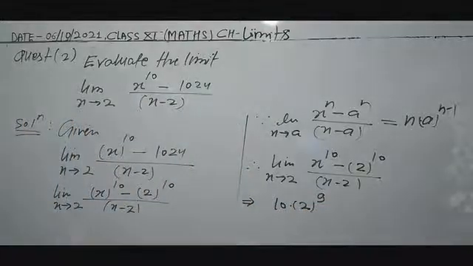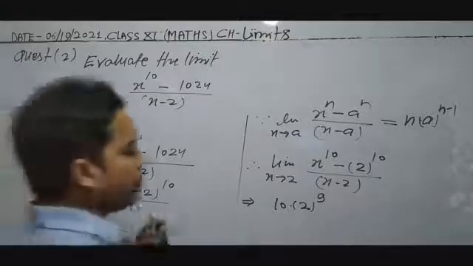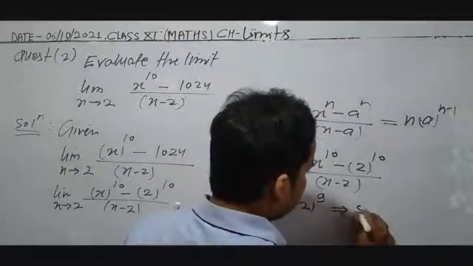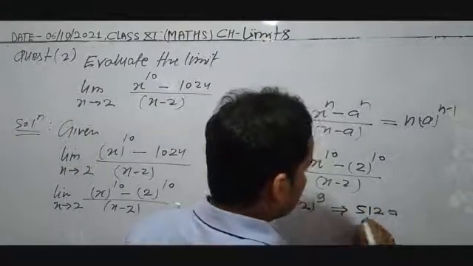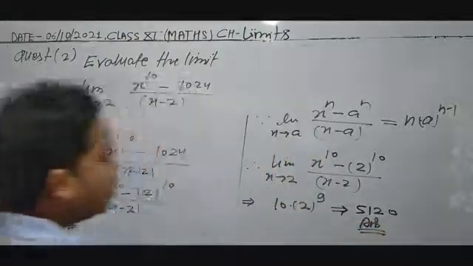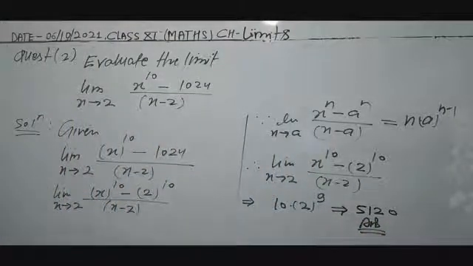So what will be its result? See, 2 to the power 9 is 512. 10 times 512, so its answer will be 5120. Now this is the answer. Now question number 2 is completed.